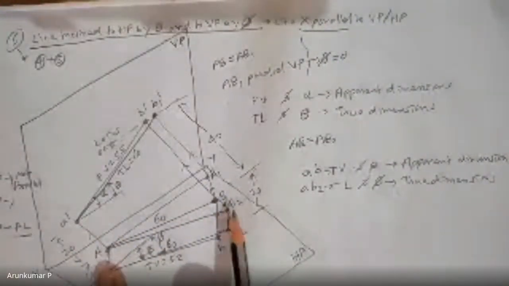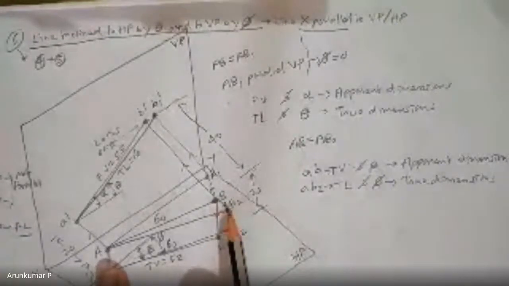The line can be parallel to any plane. The line can be at an angle to both the planes also, as in this case. The line is inclined to VP, it is inclined to HP also. So just to highlight this case, this particular example has been taken. If you understand the concept, very good. If not, nothing to worry about. There are many mechanical methods by which we can still solve the problems. That is not at all an issue.